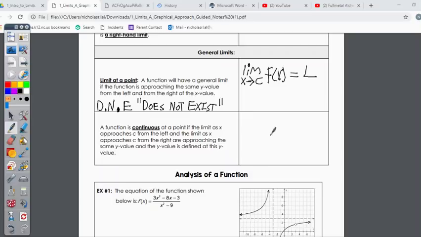All right, so I want you to consider limits and think about where there potentially wouldn't be a limit. Consider holes, jumps, and vertical asymptotes.